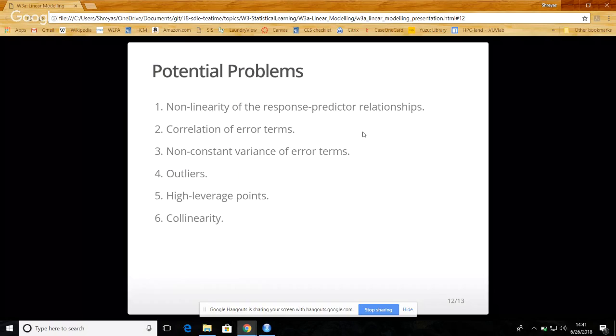If an outlier is located really far away from the cloud of your points, we call it influential because it could change the slope. But if it is located in the center, even if it's located far away above, it just affects the intercept. Lastly, we have collinearity. This means that we want to make sure that all the variables are ideally orthogonal in our data frame. Basically, we don't want multiple variables capturing redundant information.